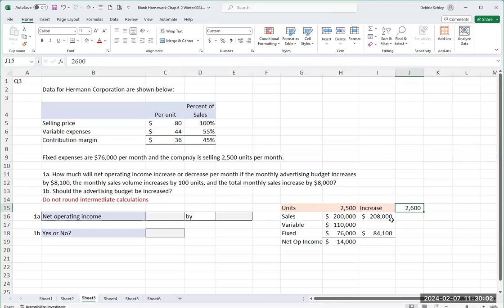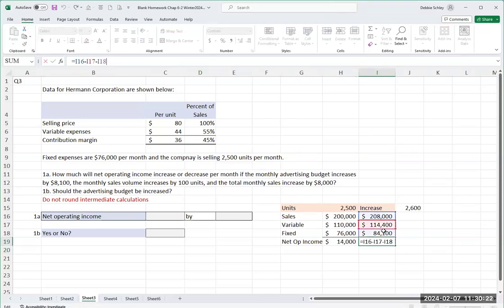I'm going to use that to figure out my new variable, so my increase in units times the variable expense per unit. Now I can drag this formula over, and I have my sales minus my variable minus my fixed.